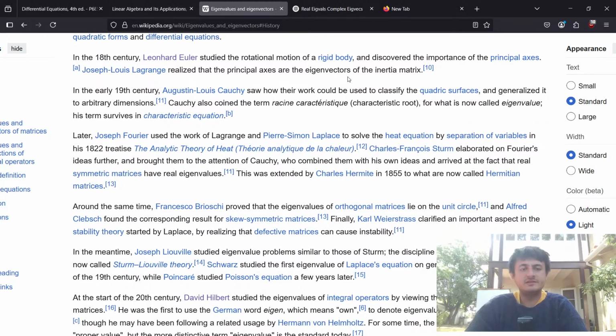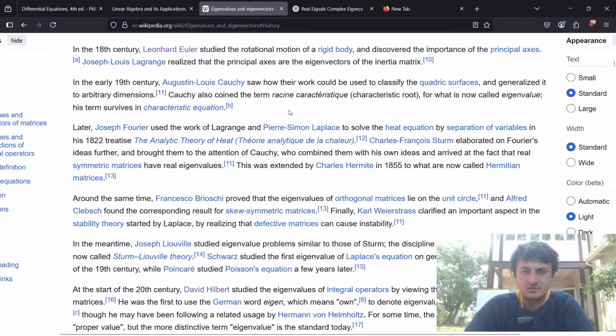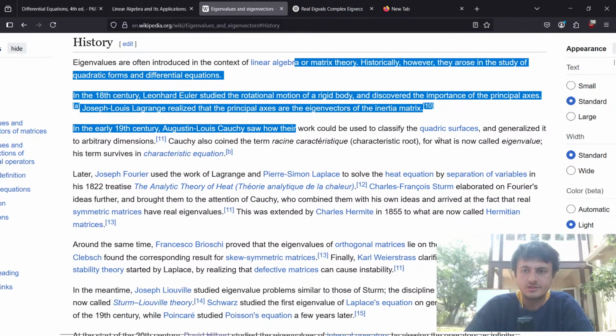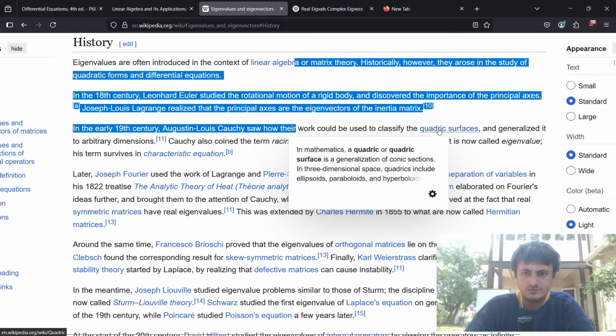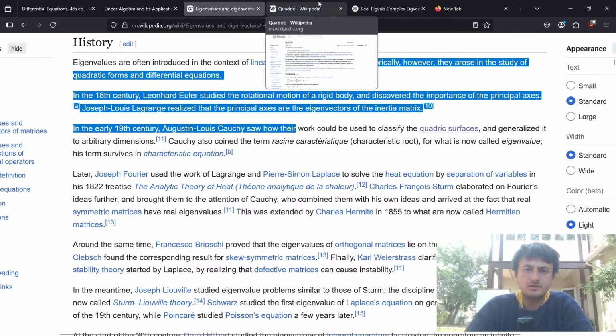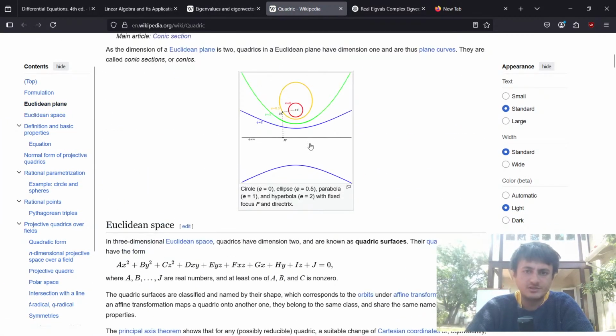In the early 19th century, Cauchy saw how their work could be used to classify quadric surfaces. Oh, that's so sick. I didn't even know about this. Why are there no pictures here?